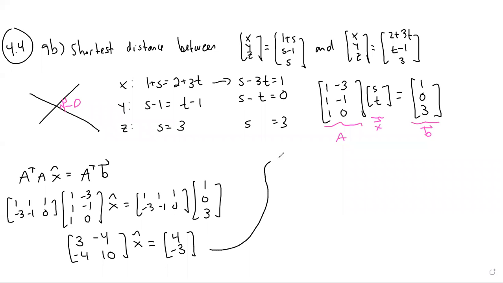I am trusting that we're able to solve this one. It does solve decently nicely. When we solve this, we should get that our x hat equals (2, 0.5), and that's going to be the s and the t. So s is 2 and t is 0.5.